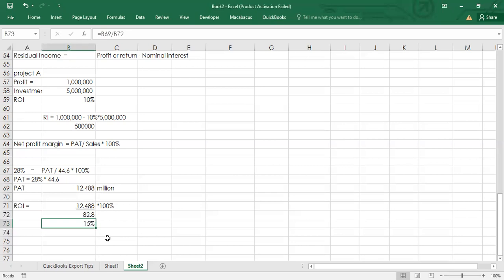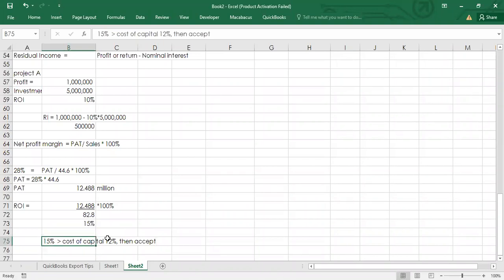So if my return is greater than the cost of capital, then I'm doing well, isn't it? Because 15% is greater than the cost of capital, which is 12%. So if it's greater than the cost of capital, then we accept.